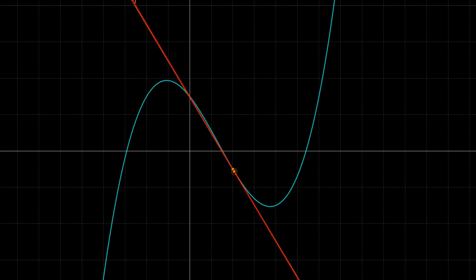It's decreasing, and so at this point, let me clean this up a little bit. At this point, we got a negative slope, and that corresponds to where the function is decreasing.